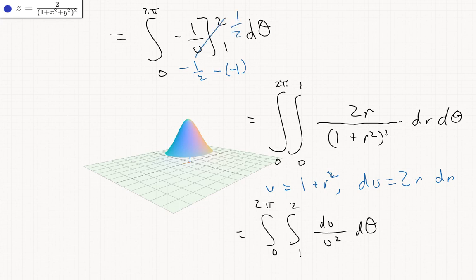So this is just 1/2. So this is 1/2 integral 0 to 2 pi of d theta. And so pi is the value of this integral. And again, that would have been much harder to find if we had stayed in Cartesian coordinates rather than converting to polar.